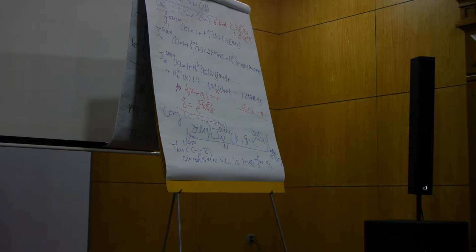For SL(N) or SU(N), you expect the three-dimensional hyperbolic volume, not n-dimensional, but multiplied by a cubic polynomial in capital N. It's because he considered only a single row in the Young tableau.